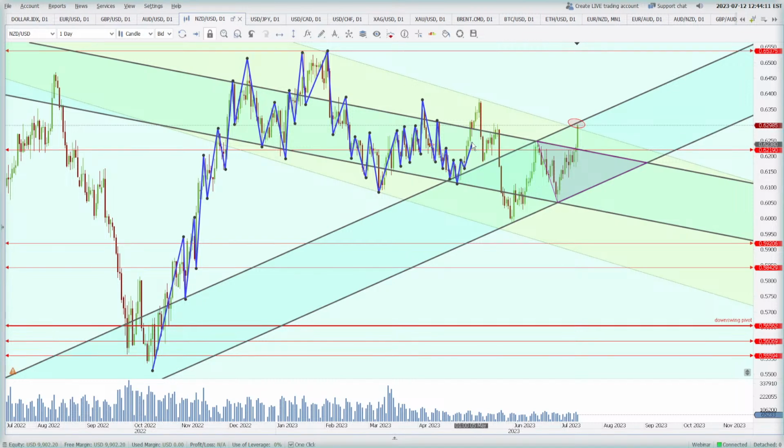Then you become a buyer in this market, but then this low was taken out, so you become a seller in this market, okay. And then here this high is taken out, so you become a buyer in this market. So this was making a higher high and higher low.